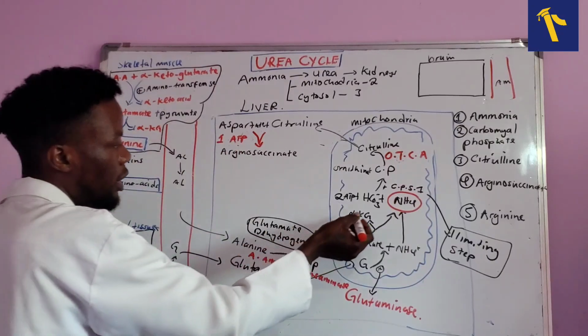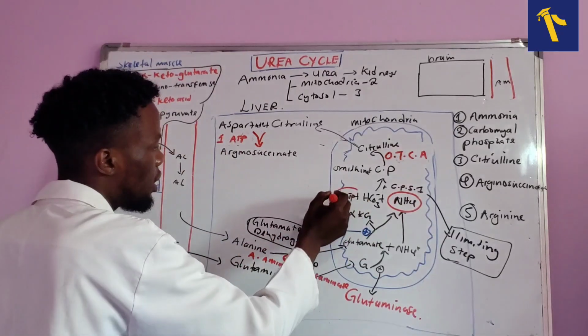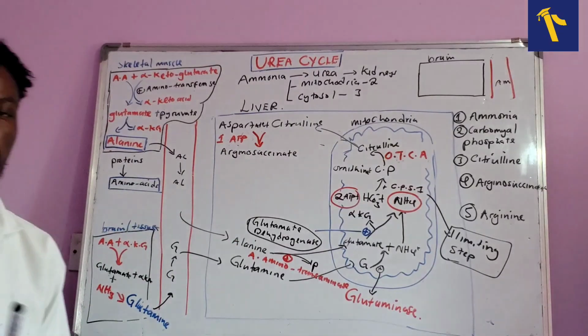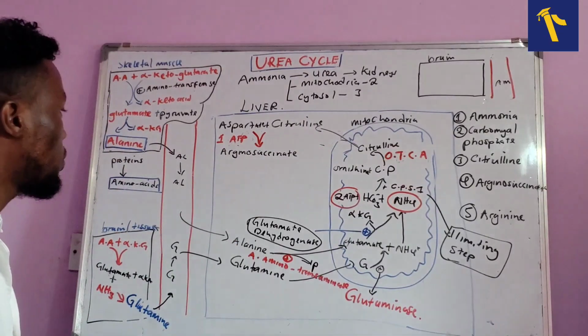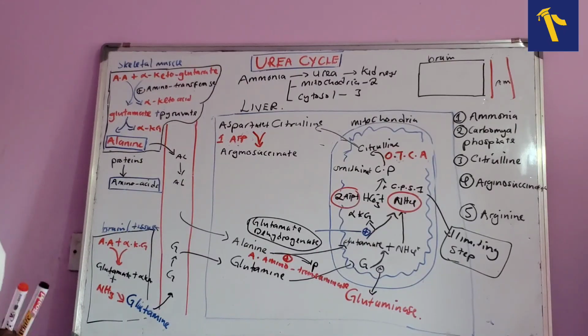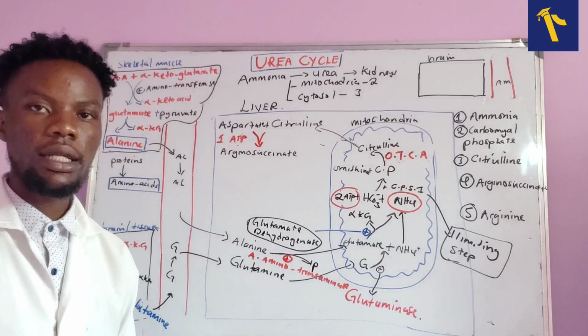So remember that here we had how many ATP? 2 ATP. But here we are only using up 1 ATP to produce argininosuccinate. But again, remember that each step requires a certain enzyme.